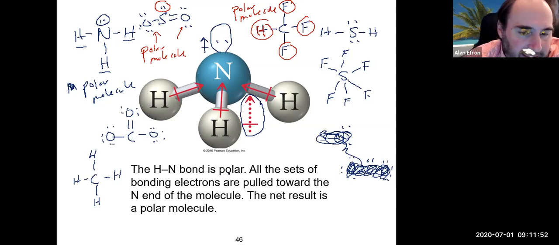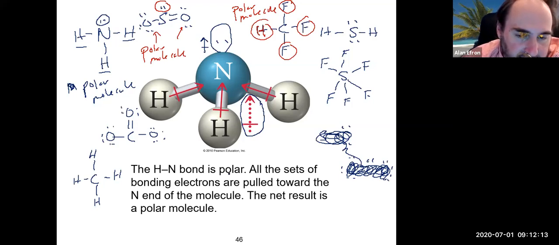And the idea there is the carbon-fluorine bonds are going to be pulling towards the fluorine, all heading on this side. This hydrogen is nonpolar here, which means it's not going to resist it, which means these three guys are going to basically pull the whole thing that way. And you can kind of visualize that movement happening.